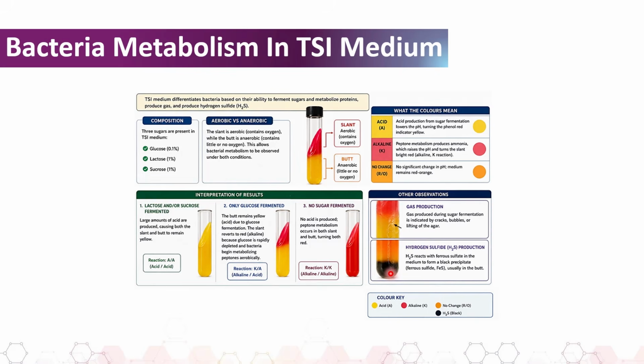and this is usually seen in the butt as a black precipitate over here. For the color key, whenever we see a yellow color, it means that lactose and/or sucrose fermentation has occurred, and as a result leads to the production of acid.